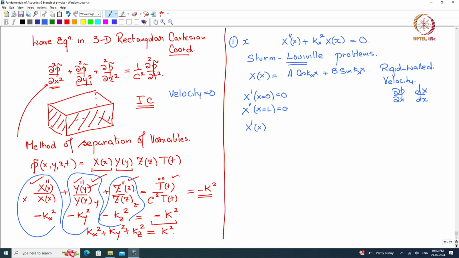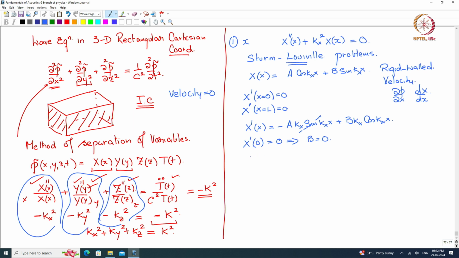X dash is equal to minus A kx sin kx x plus B kx cos kx x. So if we set X dash of 0 equal to 0, this first term is 0 anyway, that implies B is equal to 0.